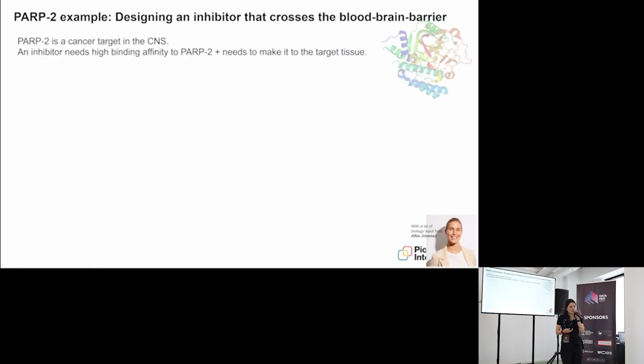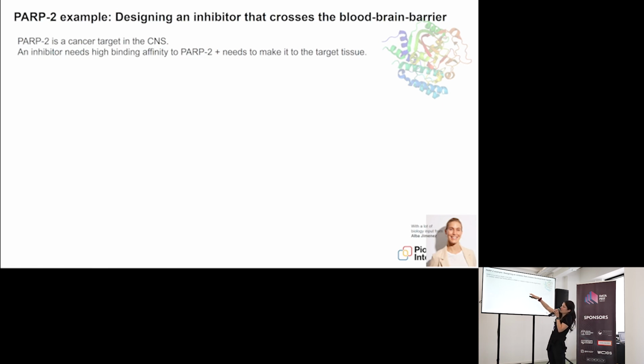Okay, so now we already get some feedback on what makes a better ligand in terms of binding to a pocket, but we want to make this an even more concrete and useful toy model. This is work that I did with my colleague Alba Jimenez at Flagship. She's a fantastic systems biologist, and she said, hey, why don't you test this on PARP2? PARP2 is a cancer target in the CNS, the central nervous system, and you want to inhibit it.